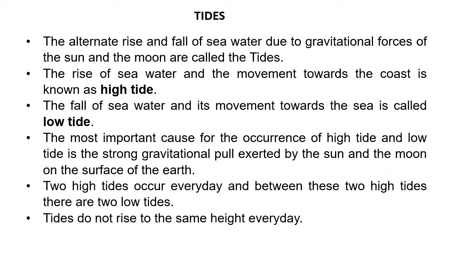Tides do not rise to the same height every day because of the position of the moon, and that is why the positioning of these three, earth, moon and sun, matters.